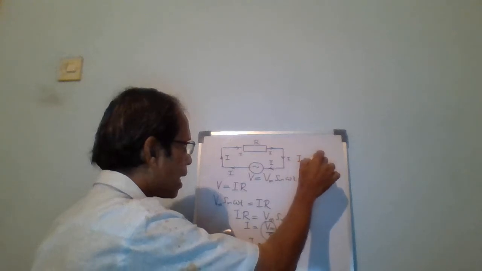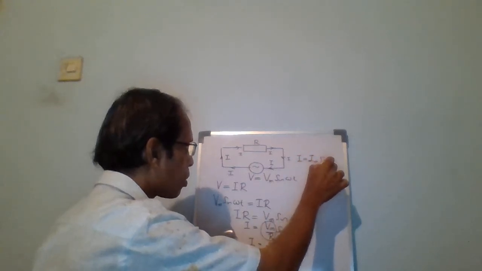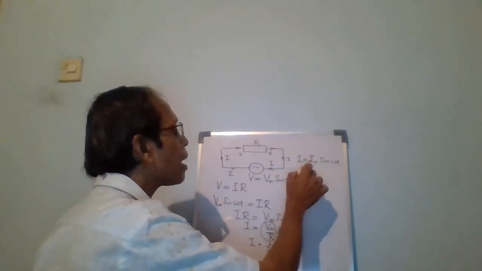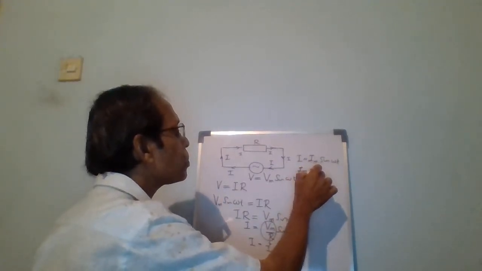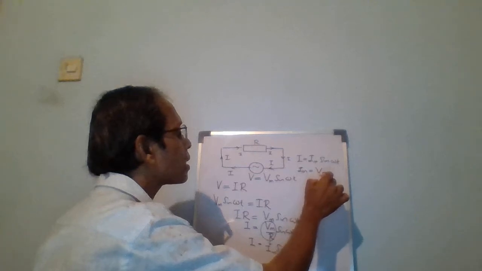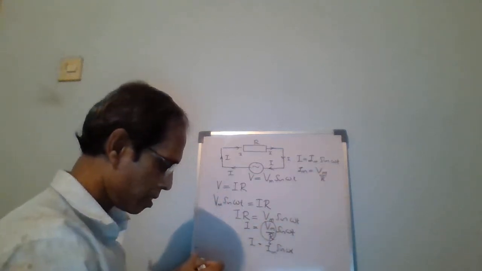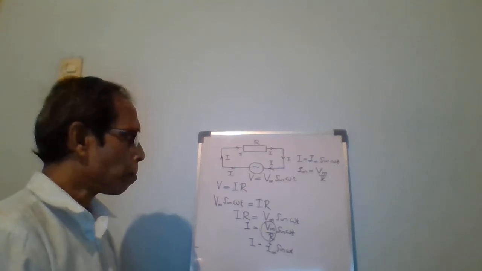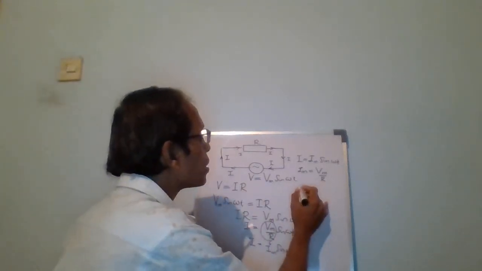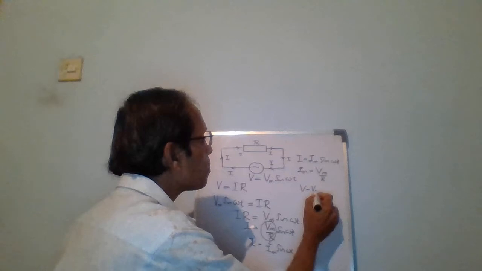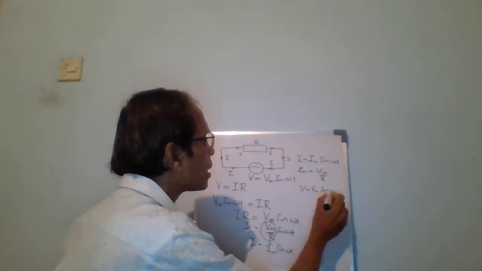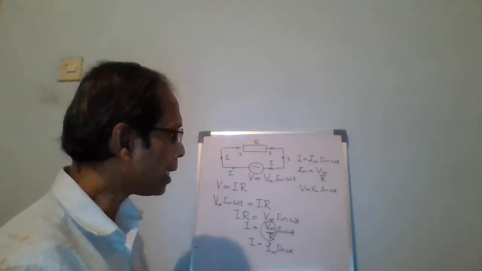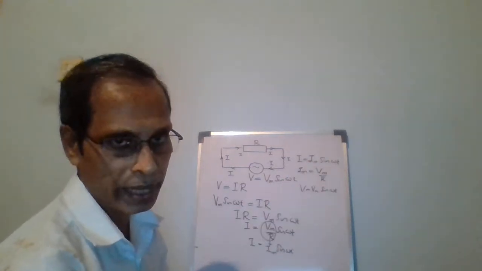I equals Im sine omega t, where Im is equal to Vm divided by R. So V is equal to Vm sin omega t, and I is equal to Im sin omega t.